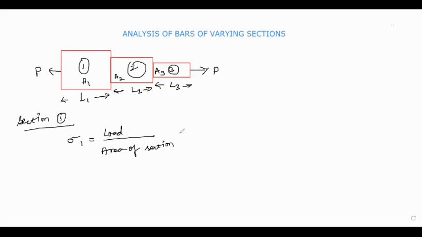Here the load is common to all the sections, that is P, and the area of the section is A1. Similarly, for section 2, stress is given as P by A2, and for section 3, P by A3.